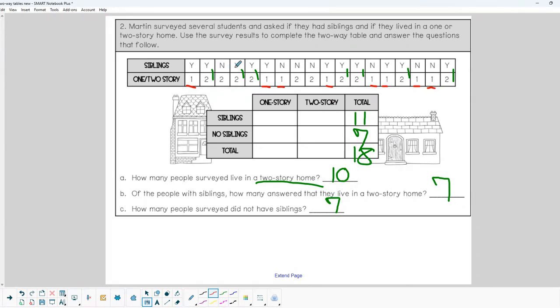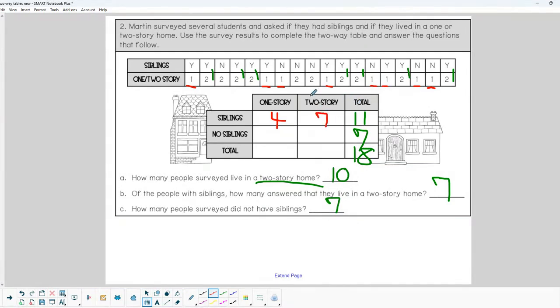So 1, 2, 3, 4. So 4 of those, right? Oh, so that makes it so we can figure out this column. 11 minus 4 would be 7.